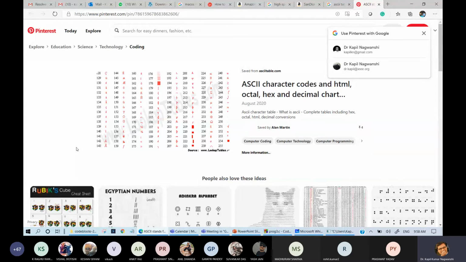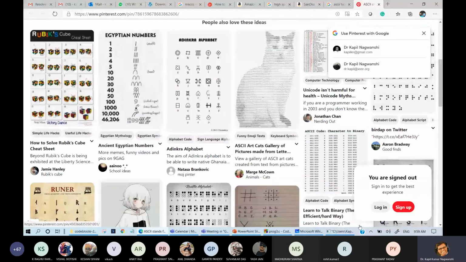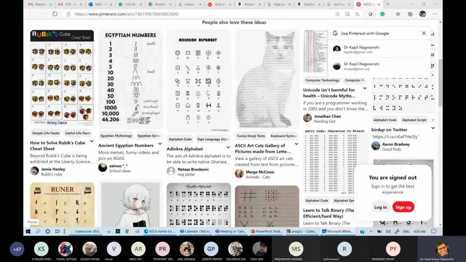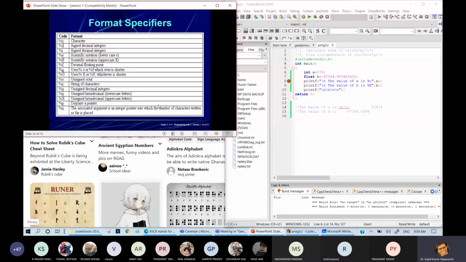Yes, it is not given. So this is all about format characters. So we have seen most of them, and we will use the remaining in future.